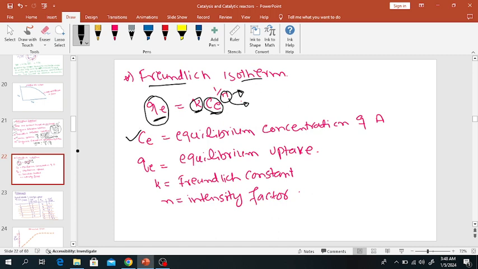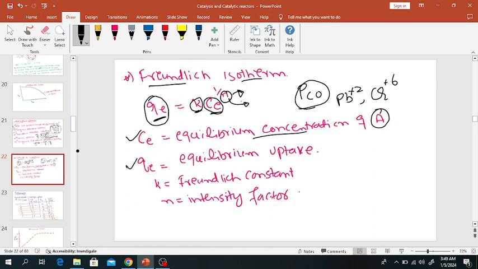This is the equilibrium concentration of component A. Component A can be lead ion or chromium ion in the aqueous phase, or it can be the equilibrium partial pressure of carbon monoxide. So these are the equilibrium concentration or the equilibrium partial pressure of molecules or ions.